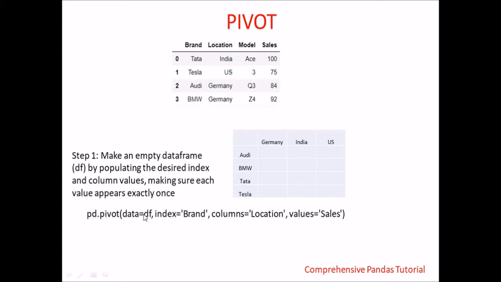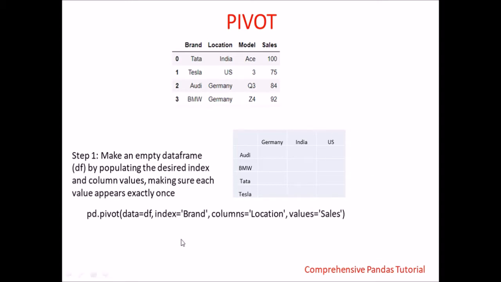Then I'll call the data frame name, that is, which data frame do I want to work upon. I'll say df is the name of this data frame. Now I'll say index is equal to brand because I want the brands to be at my index level. And I'll say columns is equal to location, so all my columns will be populated with the location. And the values are basically the numerical values that I want.